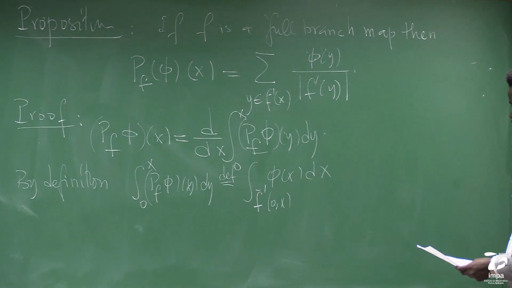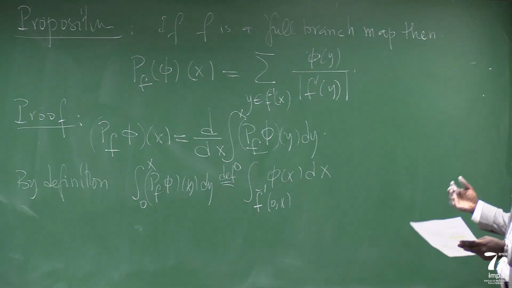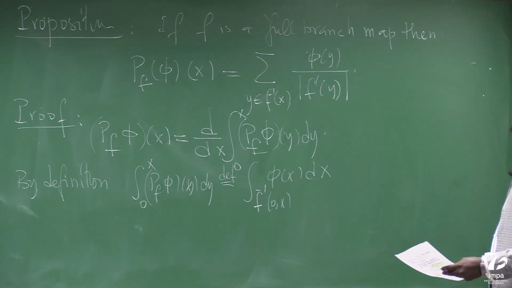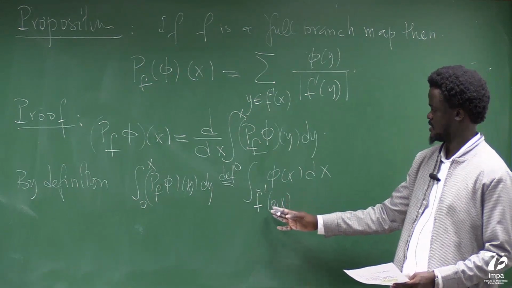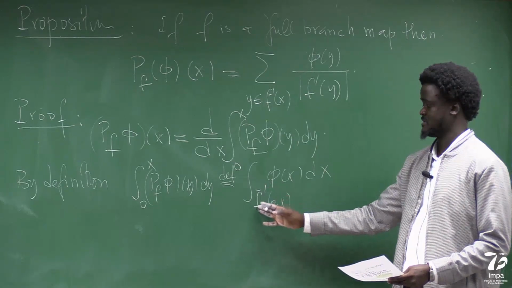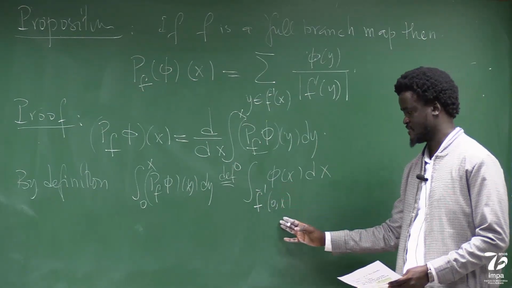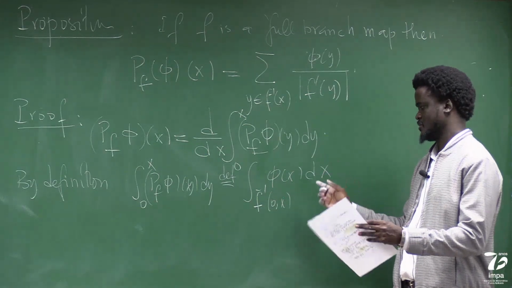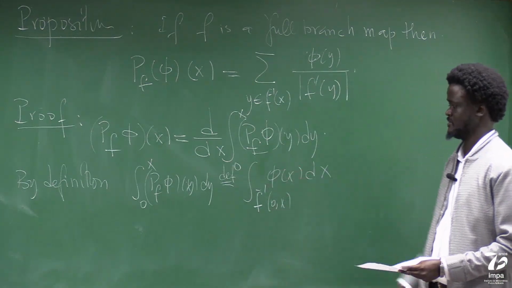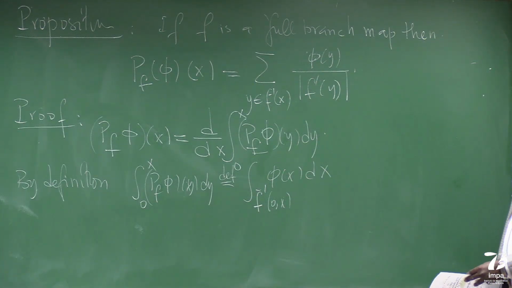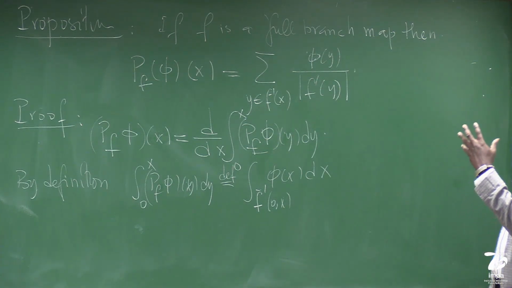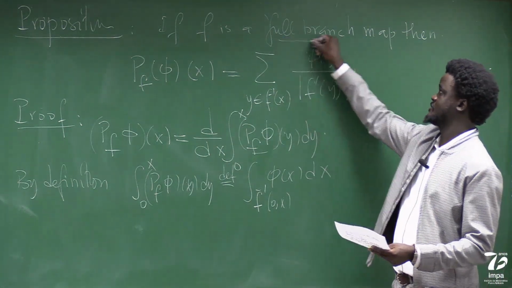Now see that since you are in the case of a full branch map, if this map was a diffeomorphism, this set would just be an interval. If F was a diffeomorphism, this set will be an interval, and seeing whether you are increasing or decreasing, you can know exactly the bound of the integral. However, F is not a diffeomorphism, but F restricted to some partition element given by the full branch map is a diffeomorphism.